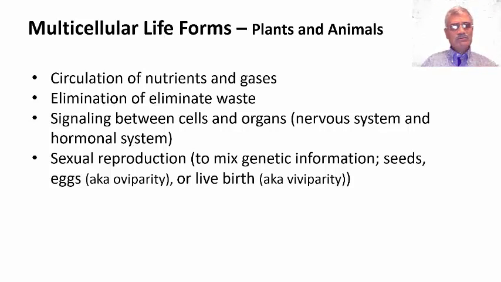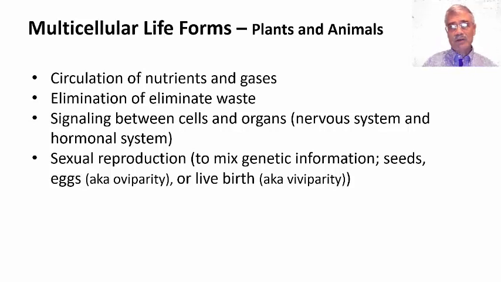Multicellular organisms also have to be able to communicate, or send signals, between the various parts of the body. And this generally involves a nervous system and also a hormonal system. We don't think about it as often, but we have hormones, which are biochemical signals that travel mostly through our bloodstream from one organ to another as a way of communication. Another challenge for multicellular life forms is how to reproduce.